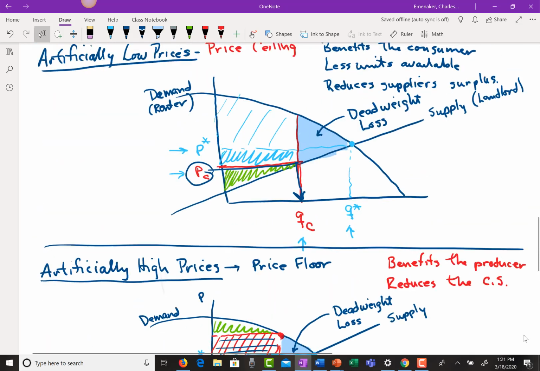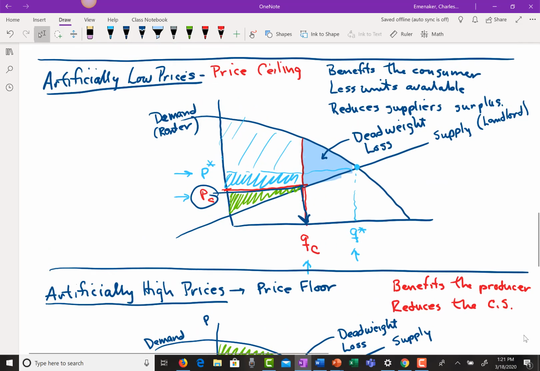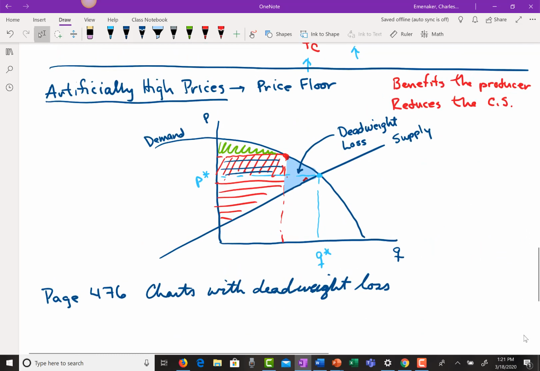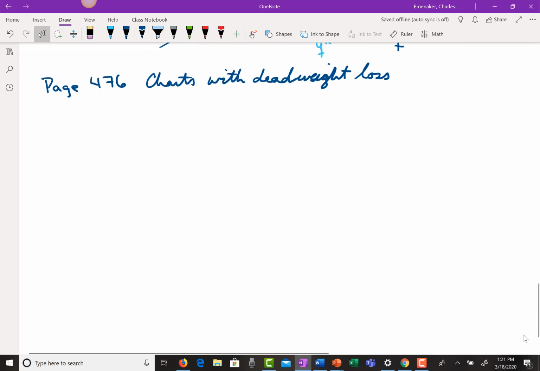We've also looked at the effects of setting prices artificially low or establishing an artificially high price, and in either of those two situations, considering what the dead weight loss is going to look like. I then pointed out to you at the very last a chart that summarizes very nicely for you the benefits and drawbacks to dead weight loss, whether you have a floor or a ceiling in your price.